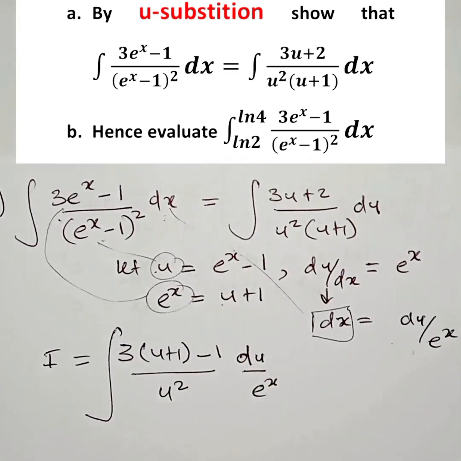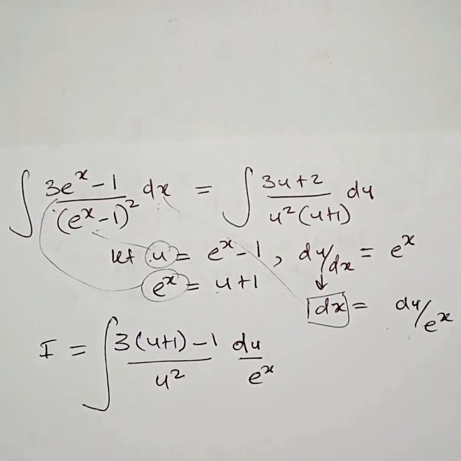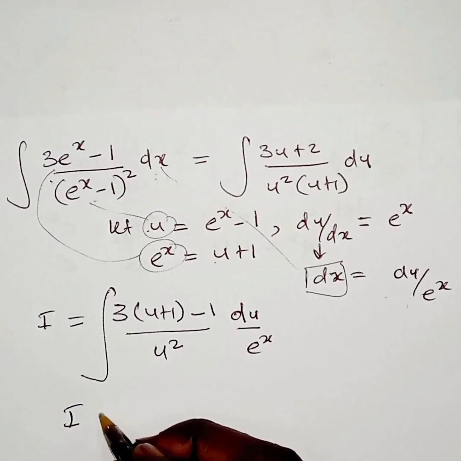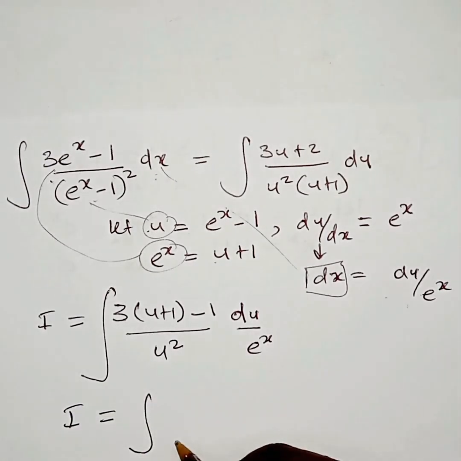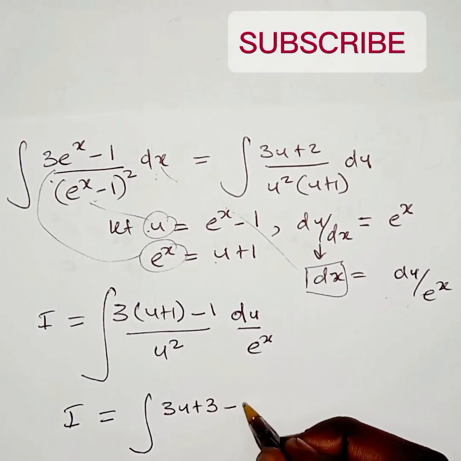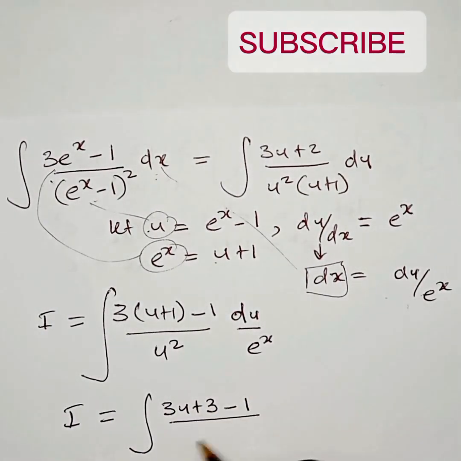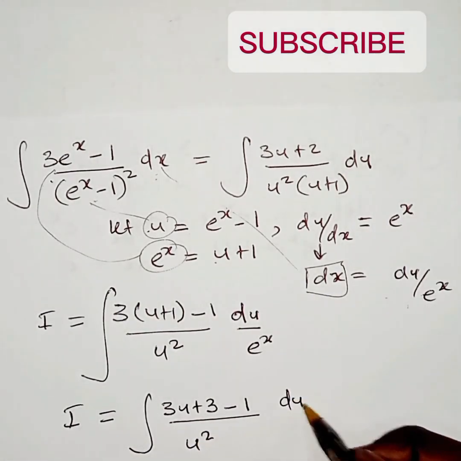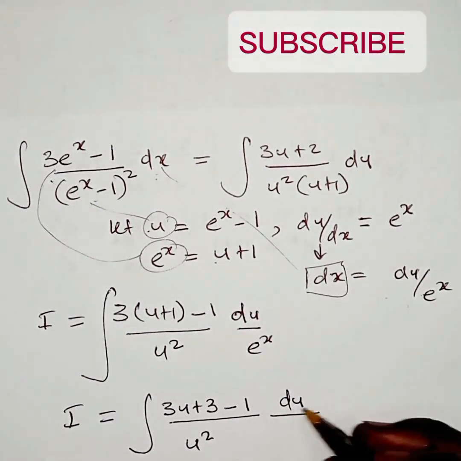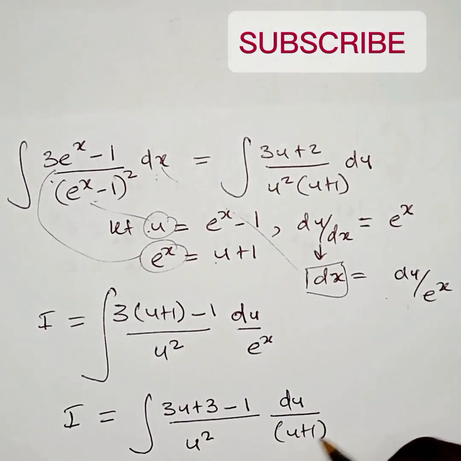But we can expand what we have on the numerator. So we are saying I, the integral, is equal to the integral of (3u plus 3 minus 1) divided by u squared, du over e to the power of x, which is u plus 1.